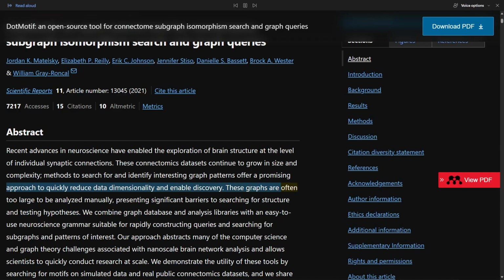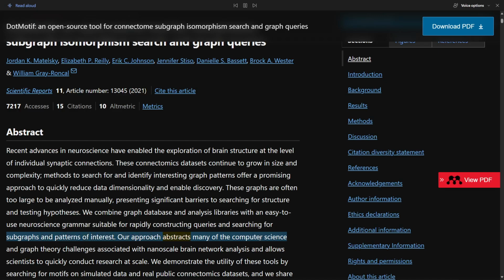These graphs are often too large to be analyzed manually, presenting significant barriers to searching for structure and testing hypotheses. We combine graph database and analysis libraries with an easy-to-use neuroscience grammar suitable for rapidly constructing queries and searching for subgraphs and patterns of interest.